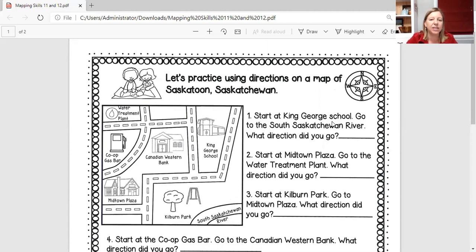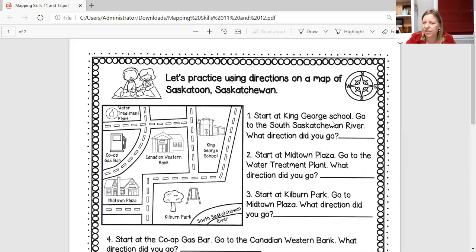So find the symbol of a school that is labeled King George School. Did you find it? Point to it. Put your finger right on where it says King George School. Go to the South Saskatchewan River. So travel your finger from King George School to South Saskatchewan River.